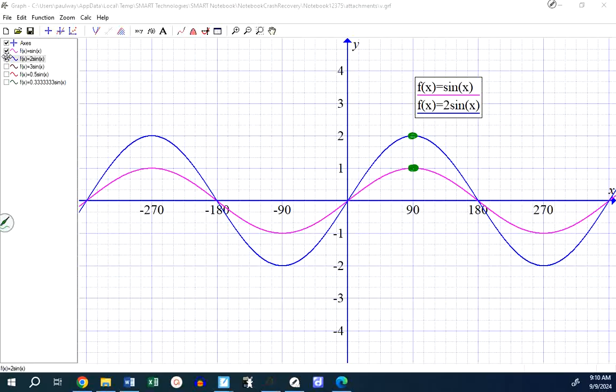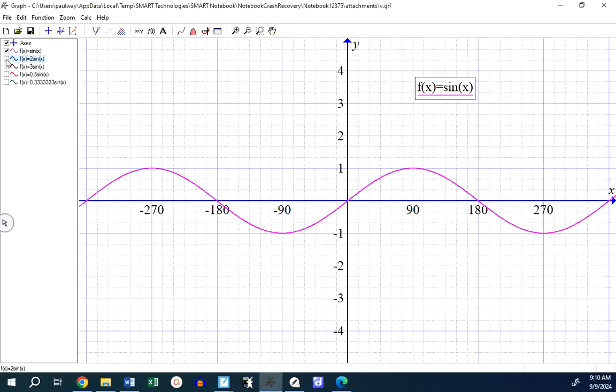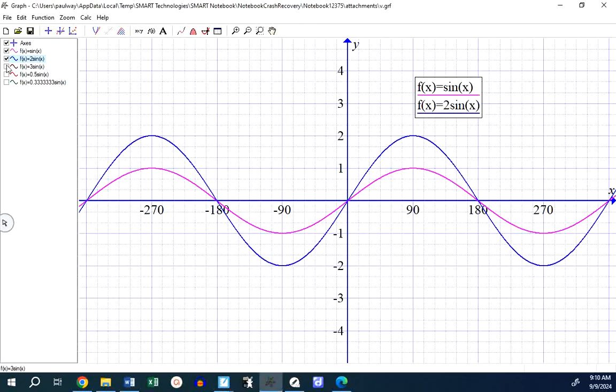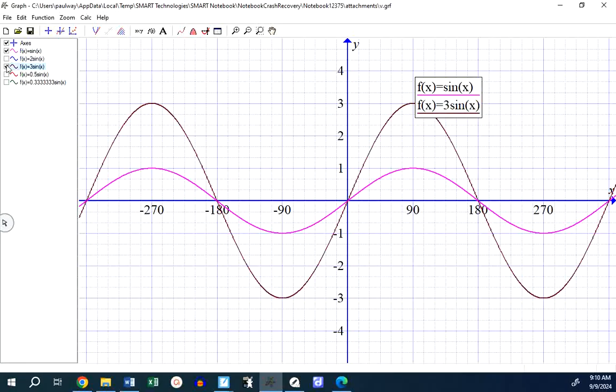So we make a conclusion that 2 sine of x is sine of x stretched vertically by a factor of 2. Knowing that the universe follows patterns and doesn't have different rules for different things that are related, we would suspect that 3 sine of x is going to be sine of x stretched vertically by a factor of 3. So we're learning something here, that a in front of f of x is a vertical stretch factor.